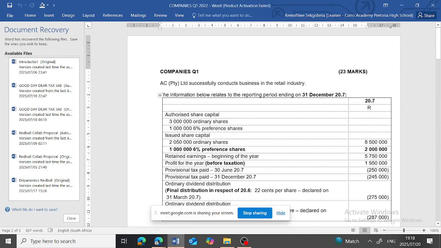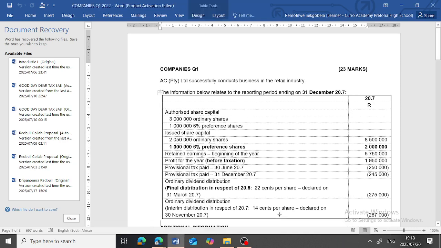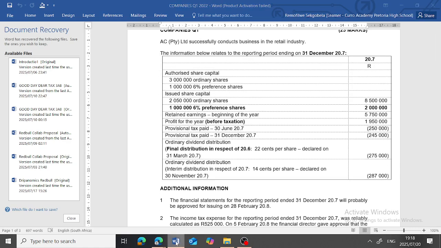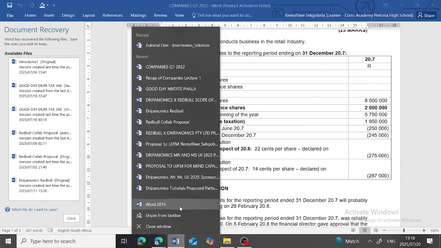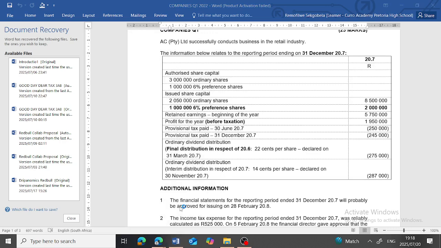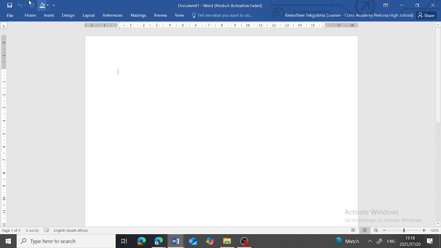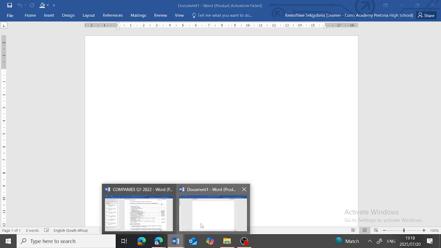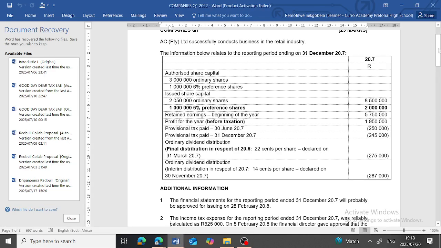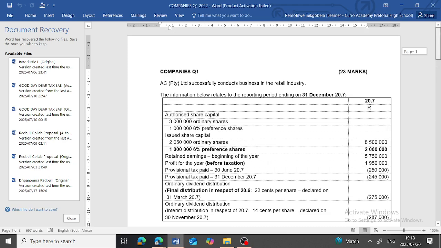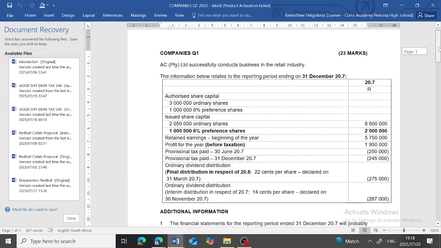So what I'm going to do now is we're going to do Companies Act, ACPTY, right? I'm going to need a brand new document. Here is Companies question 1.